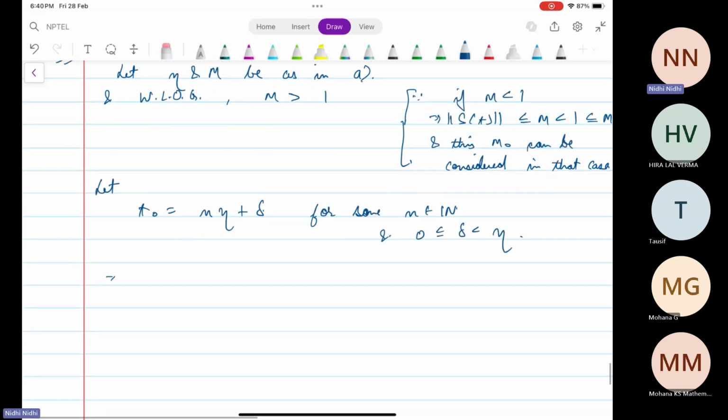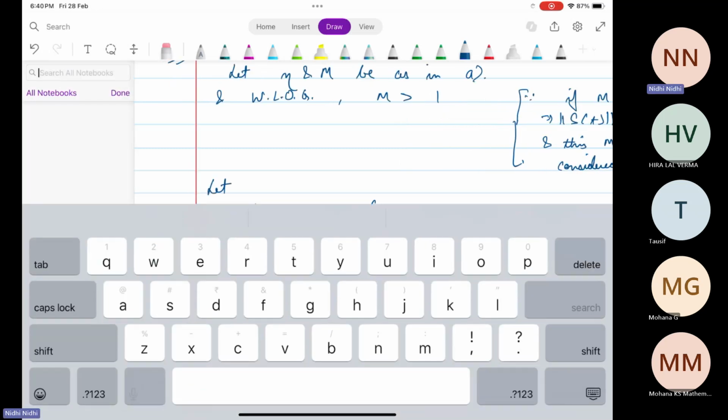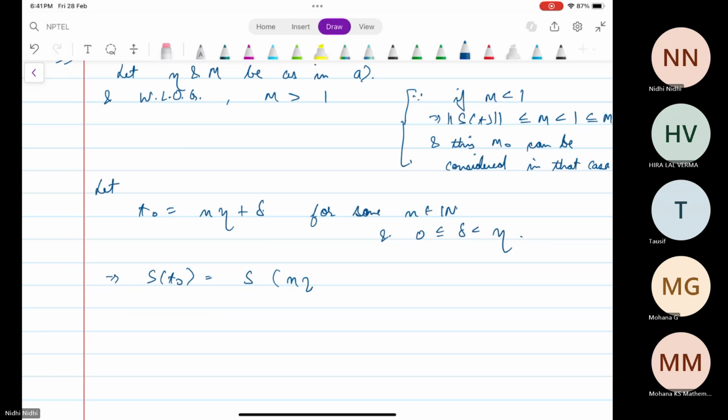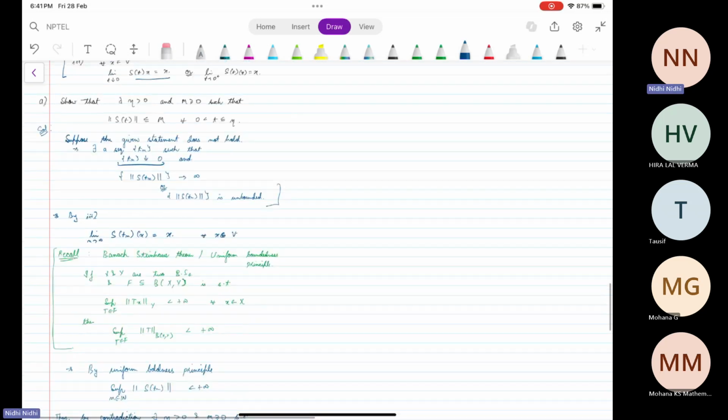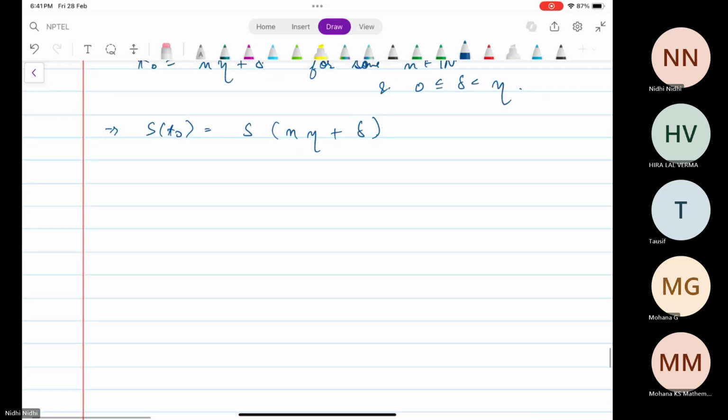This implies S T naught is equal to S of n eta plus delta. Now let's look at the second property of S. This is equal to S n eta times S delta.